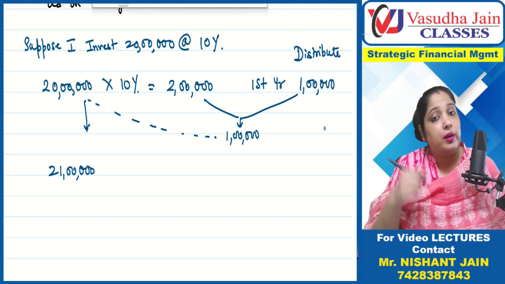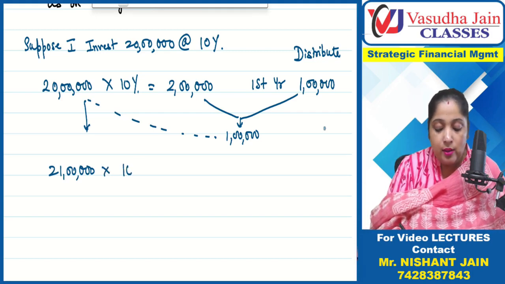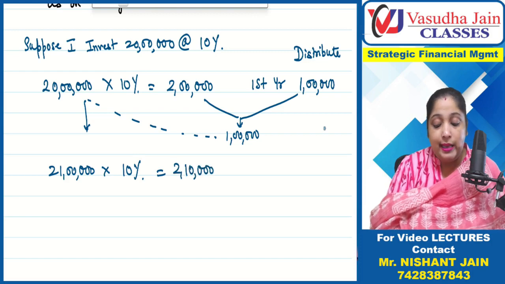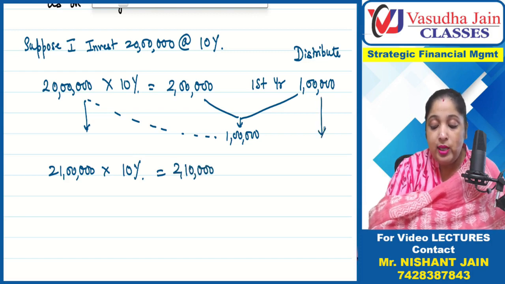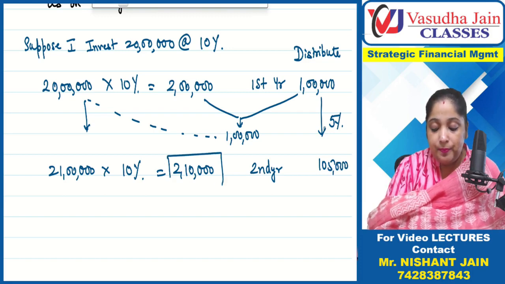So my investment is growing. Investment will grow, so return will also grow. Next year it will yield how much? 2 lakh 10,000. Then next year you want this inflow to increase by 5%. So in the second year, bank will distribute 1 lakh 5,000 out of this money.